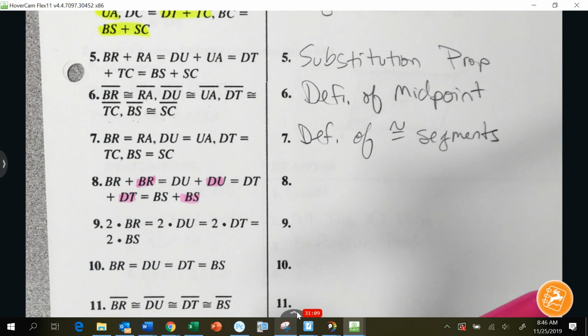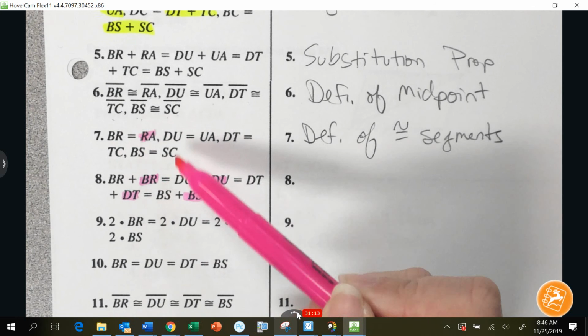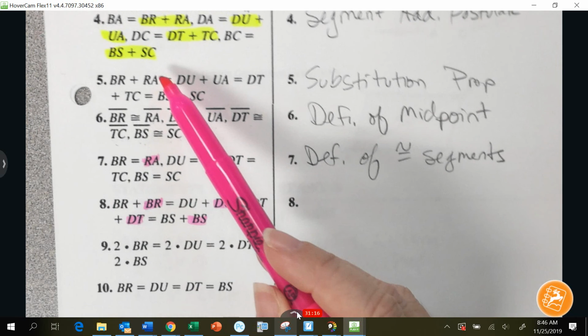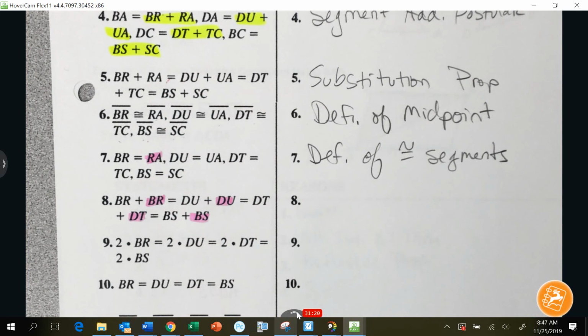Matthew? Yeah, substitution. Because BR equals RA, we just took out RA from way up here and substituted it with BR. Substitution.